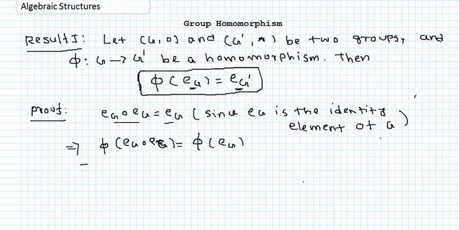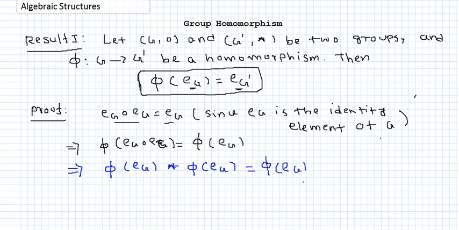Now phi is a homomorphism. So here we can write, because phi is a homomorphism, phi of EG composed with EG, with the composition of G being star, equals phi of EG star phi of EG.